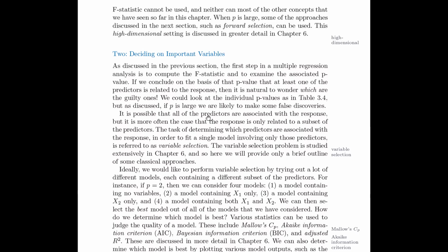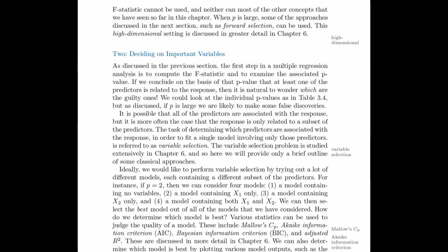Let's have a look. Let's at least introduce ourselves to question 2, which is deciding on important variables. As discussed in the previous section, the first step in a multiple regression analysis is to compute the F-statistic and to examine the associated p-value.